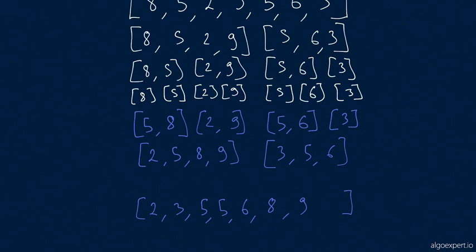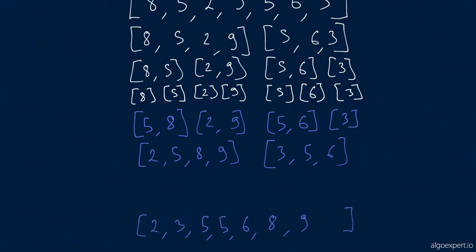So maybe I'm actually gonna rewrite this array to have it look a bit better, because right now the numbers aren't very well spaced out. So we would have 2, 3, 5, 5, 6, 8, 9.